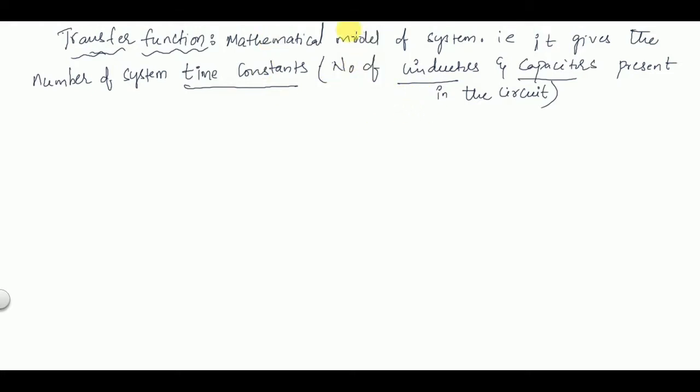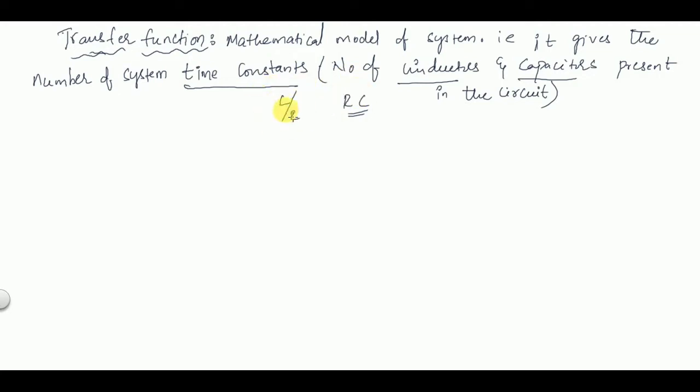So it gives the mathematical model of the system. Each and every time constant here represents the presence of either an inductor or a capacitor. Time constant due to an inductor we take as L by R, and time constant due to an RC circuit, that is a resistor and capacitor combination, we take as RC.